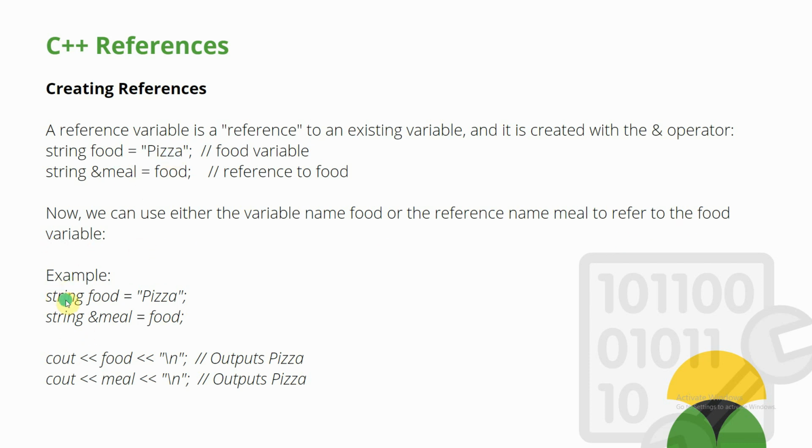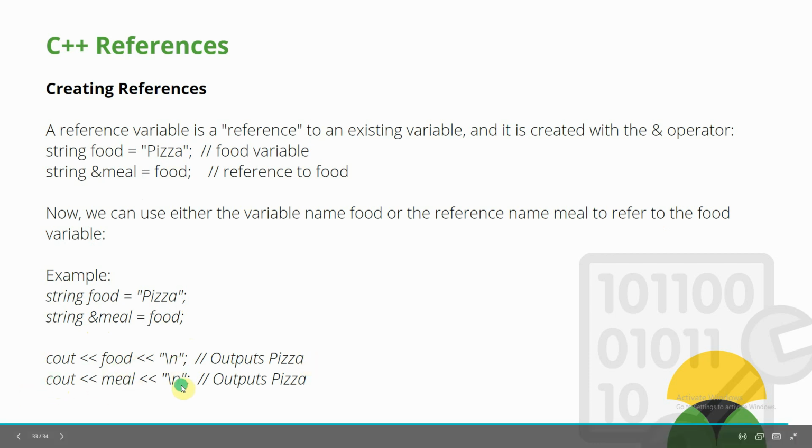So if we produce it in the code, string food equals pizza, and then string &meal equals food, it will output pizza. So cout food new line outputs pizza, and then cout meal new line will also output the same string, the content of food, which is the pizza string.